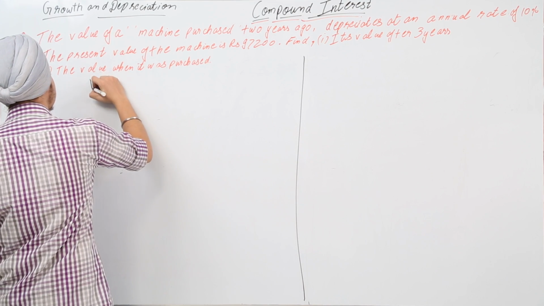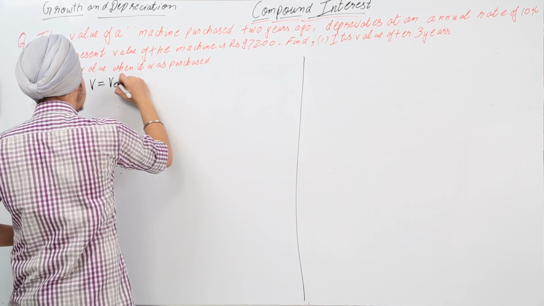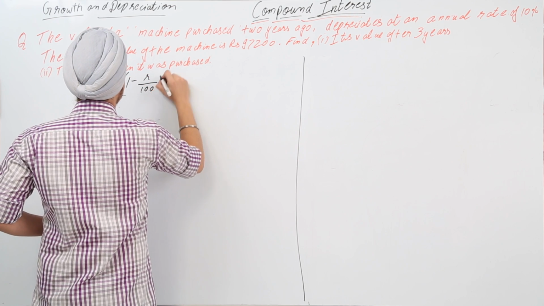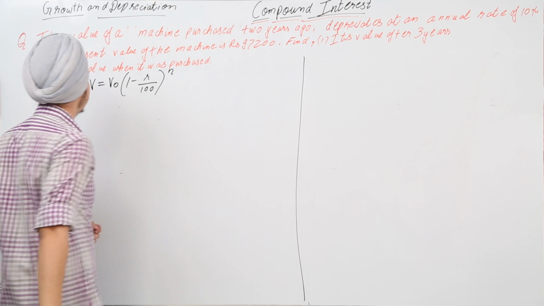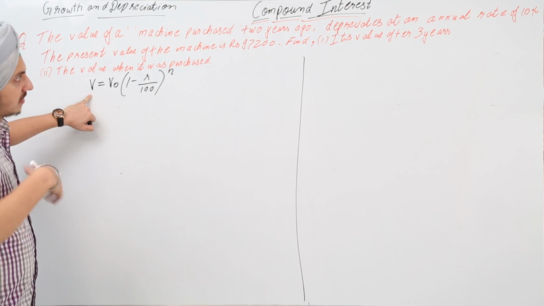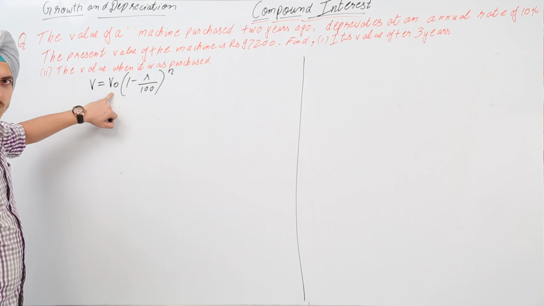We have a formula that says V is equal to V naught into 1 minus R upon 100 raised to power n. Here V is the value of the machine 3 years from now, V naught is the present value of the machine.